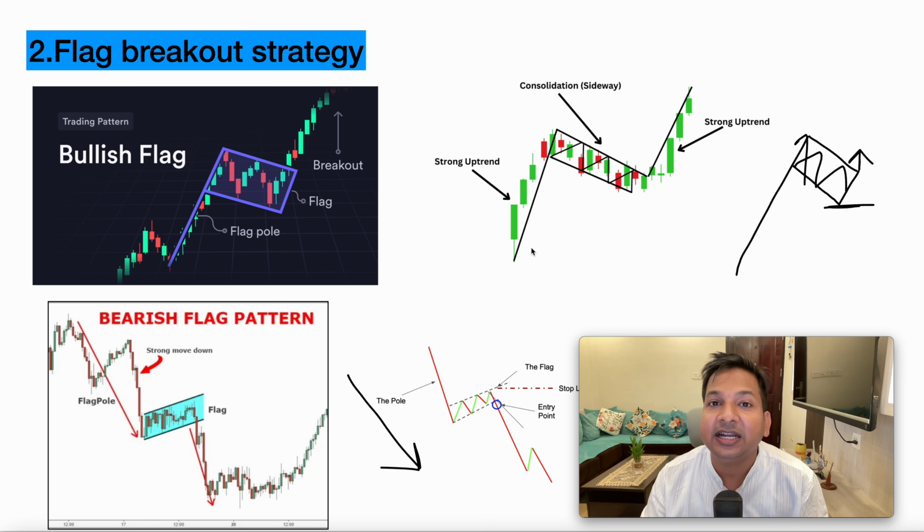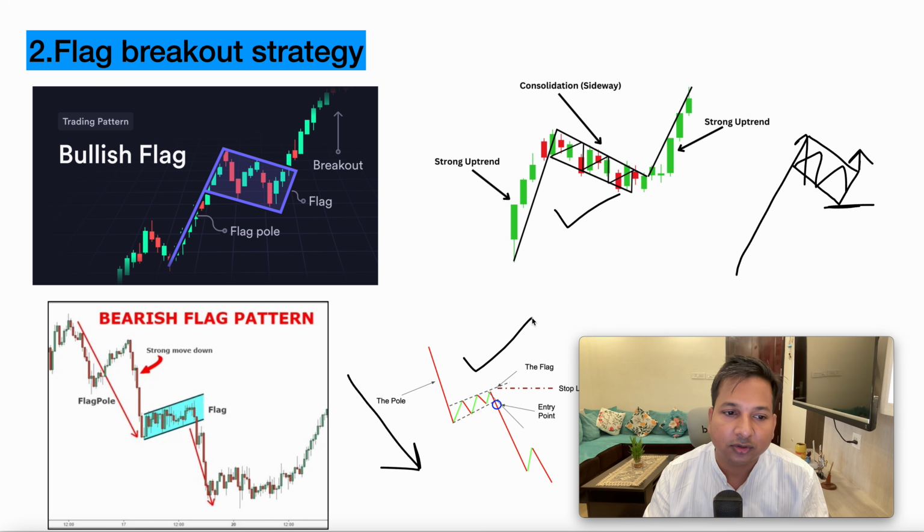If market sentiment is bullish, you should trade the bullish flag. If market sentiment is bearish, you should trade the bearish flag. This is a very simple thing, but if you practice it, in the live market you will see that this flag is forming. You have to just make a pole and a consolidation.